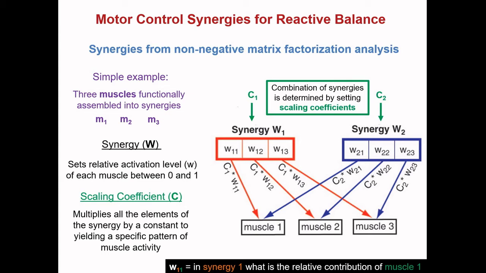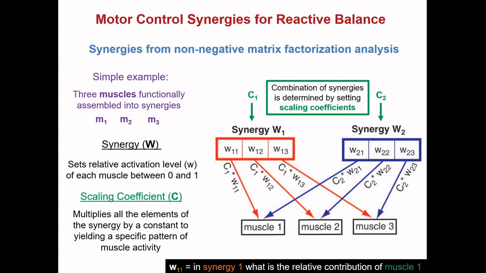When we look at synergy W1 on the left, shown in red, we see that we have 3 boxes. Inside each box we have symbols representing the relative activation levels for each muscle. These activation levels are given the symbol lowercase w. The subscripts on these lowercase w's identify which synergy we're looking at and which muscle is being activated.